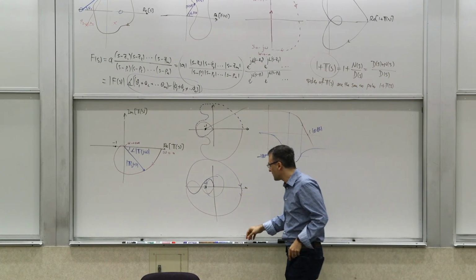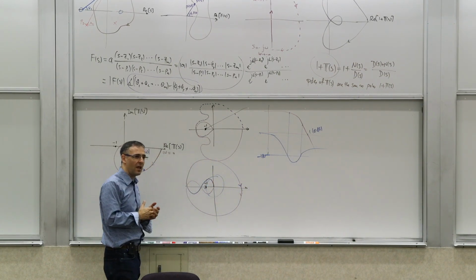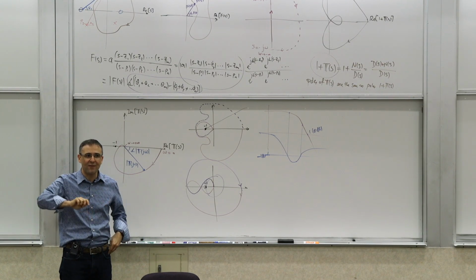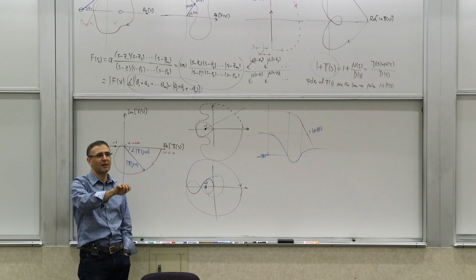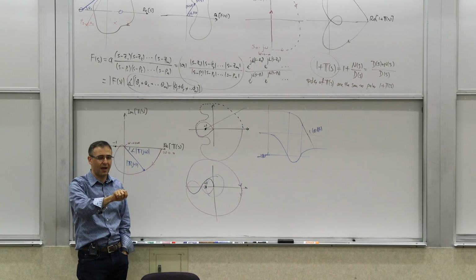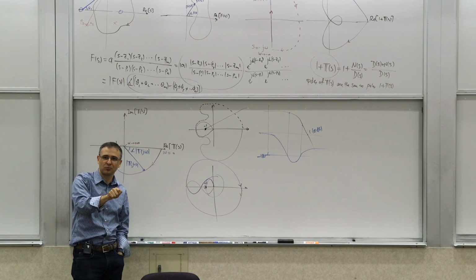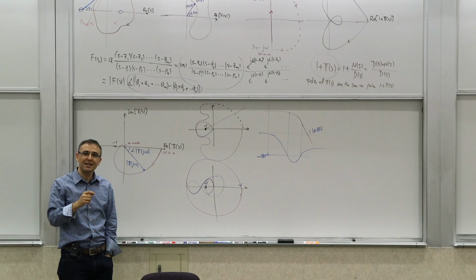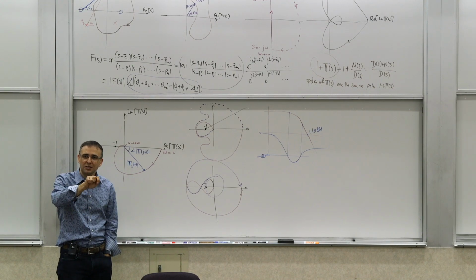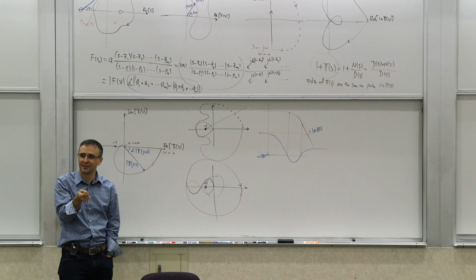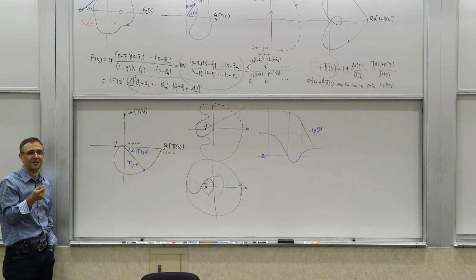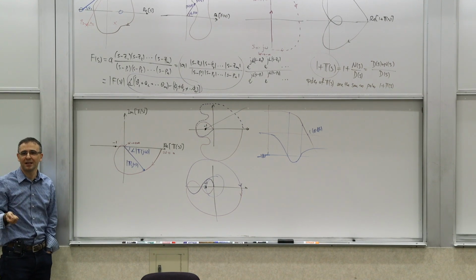They had unstable systems, and when they increased the loop gain, initially the system became more underdamped, and at some point it starts oscillating. But then they had some systems that, as they increased the feedback, became stable. And it really confused the heck out of them. They said, what the heck is happening?